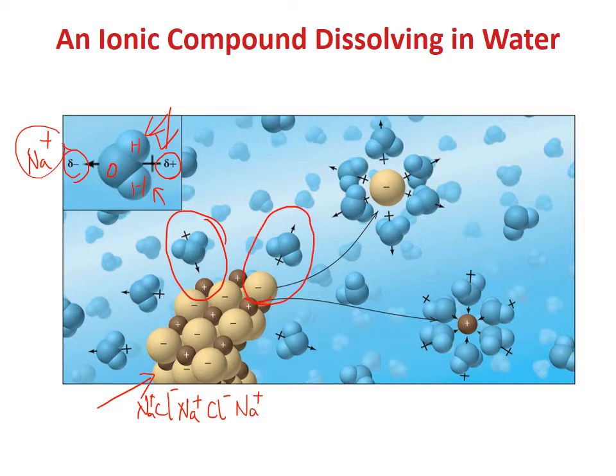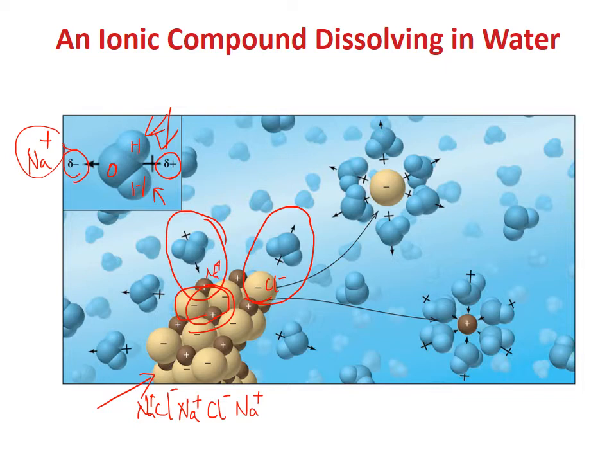When the attraction force between water molecules and the sodium and chloride ions outweighs the attraction force between the sodium ion and chloride ion, these ions start to leave the solid and go into the solution, becoming dissolved.